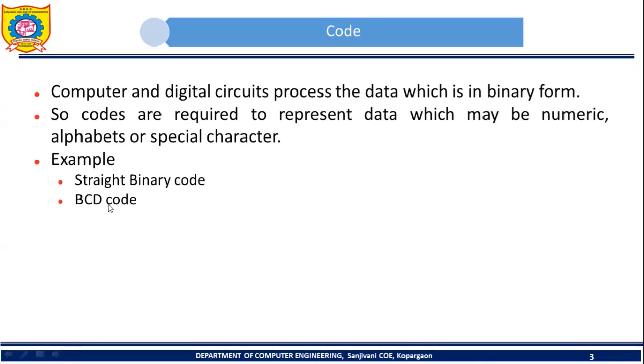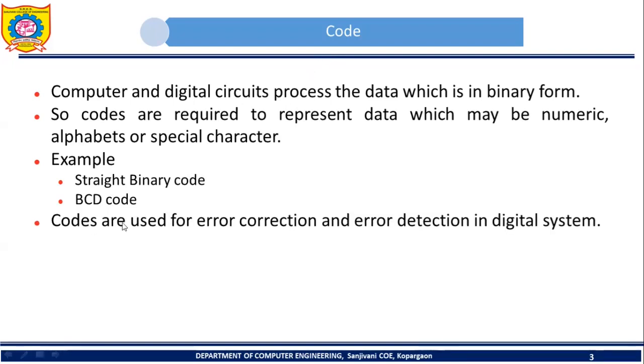We are going to discuss what this BCD code is. So these are some examples of code. Codes are also used for error detection and error correction in digital systems. There are some special types of code which help to detect and correct the errors which occur in a digital system. We are also going to discuss such types of code.